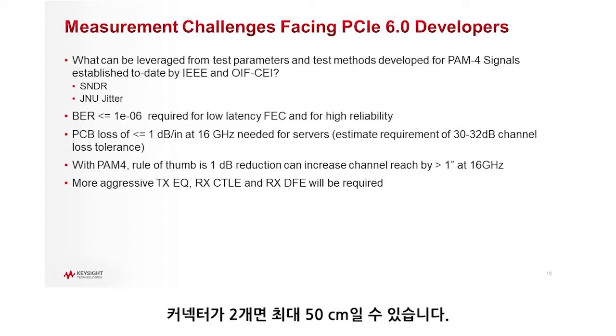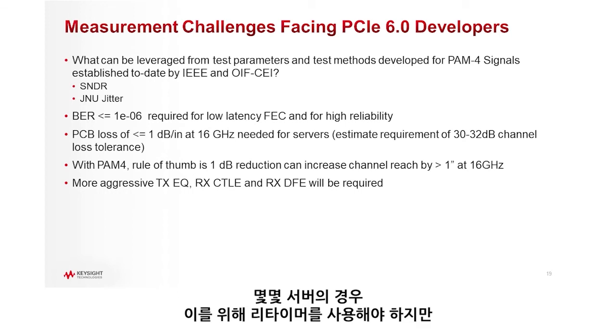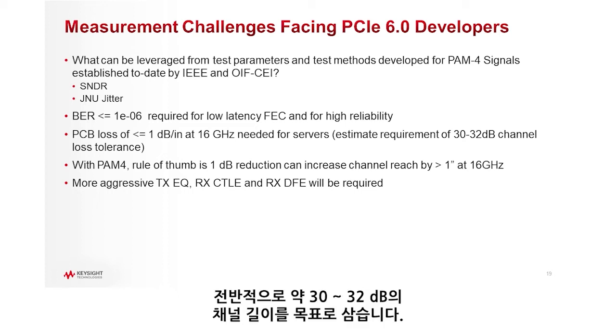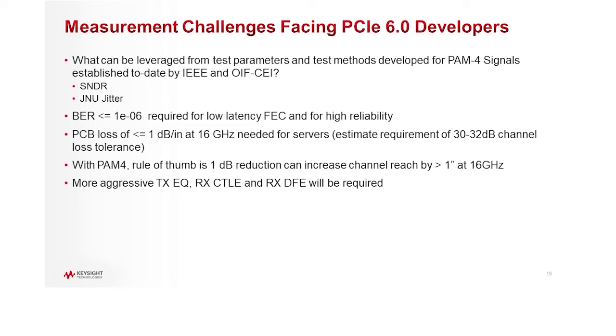It could be up to 50 centimeters with 2 connectors. Now, we acknowledge that some servers may have to use retimers in order to achieve that, but we're targeting an overall estimate of about 30 to 32 dB of channel length for a PCI Express Gen 6 channel without the use of a retimer.